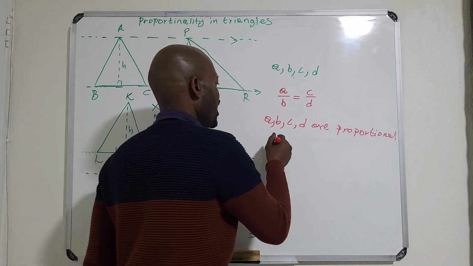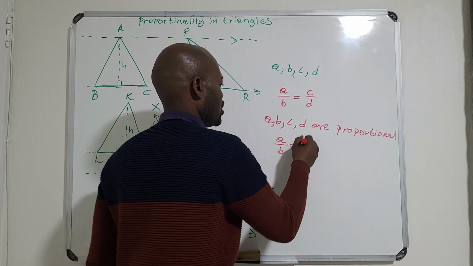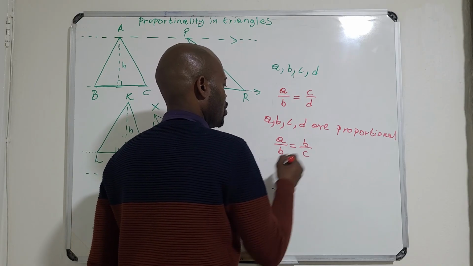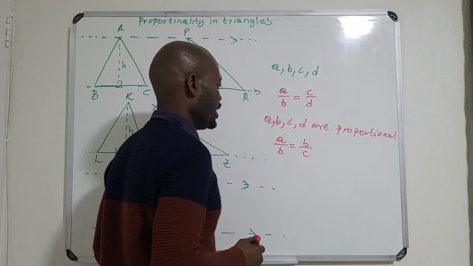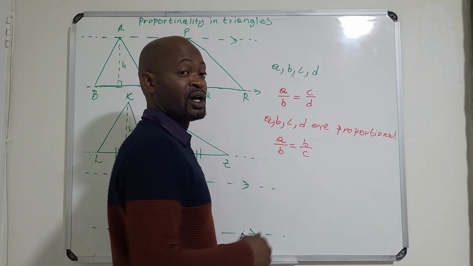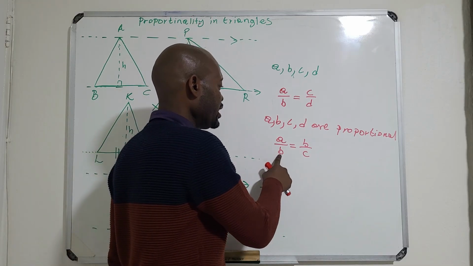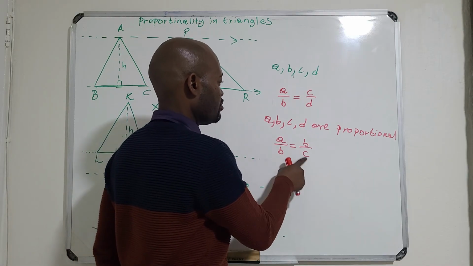Now, if we have A over B equals B over C, we say that B is the mean proportional of A and C.